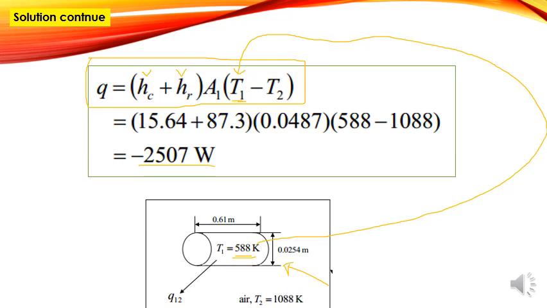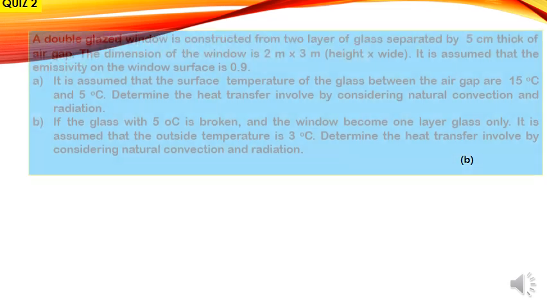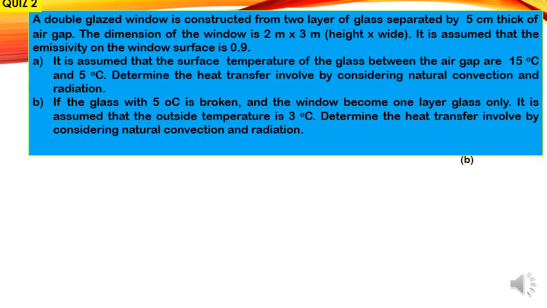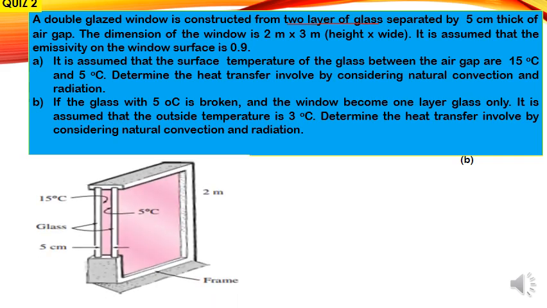Alright, that's it. Let's do a bit more difficult question compared to the one that we did before. In this case, the question stated that a double glazed window is constructed of two layers of glass. It will look like this, a double layer, where the glass is separated by an air gap with a thickness of 5 cm.